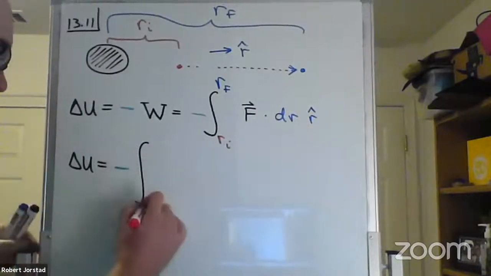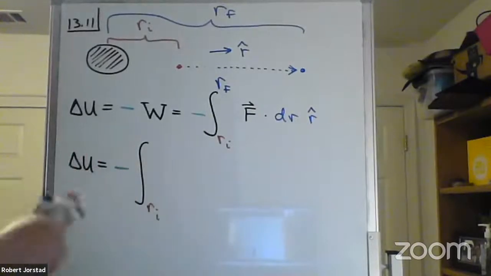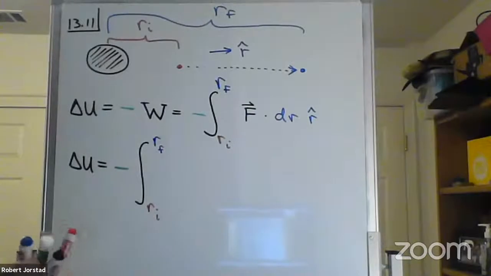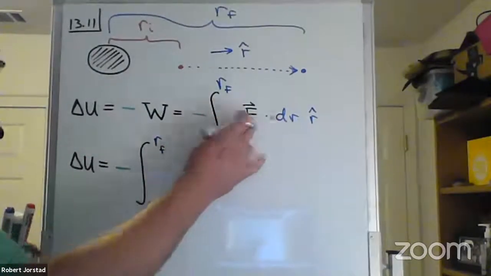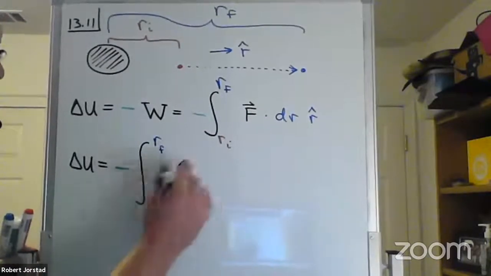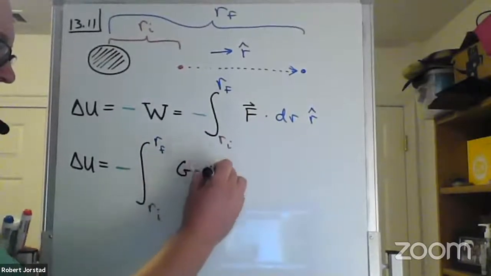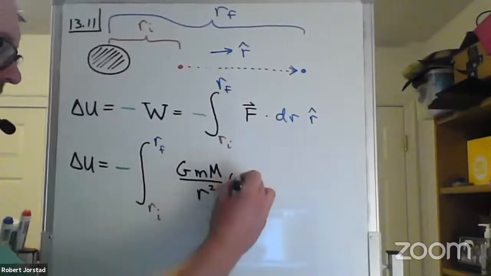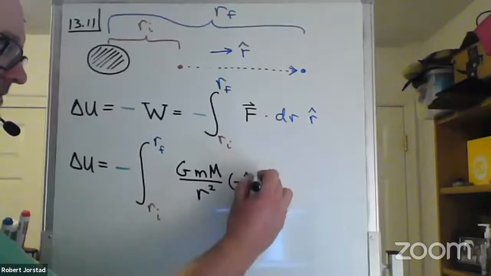I'm going to write R initial. I'm going to write R final. And now the force. What's the force here? It's due to gravity. Negative G. Wait, I should be careful. It's G M M over the radius squared in the negative R hat.